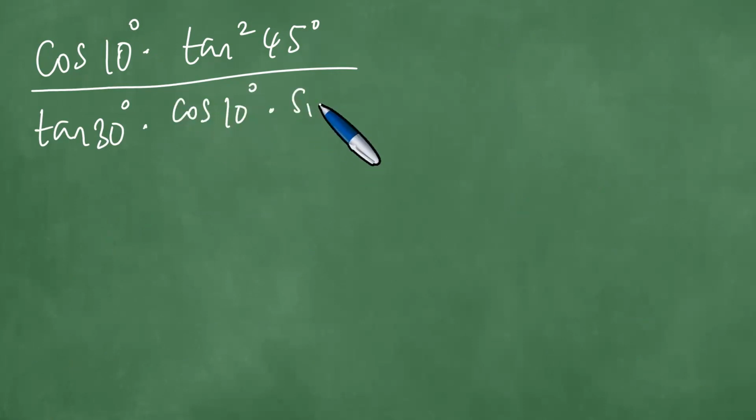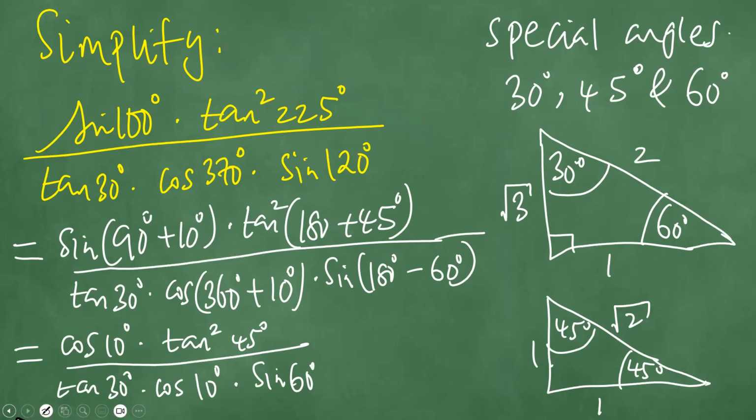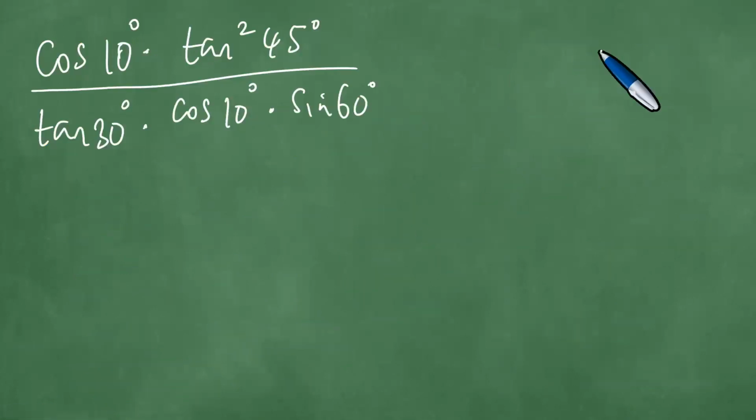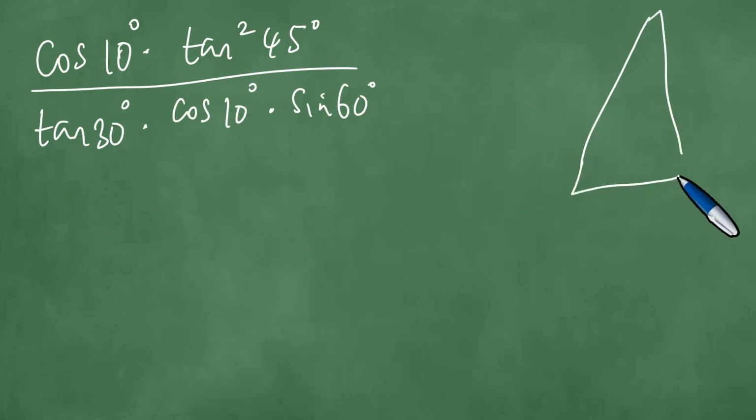Cosine 10, sine 60. And our old friend, these special angles, 60 degrees, 30.